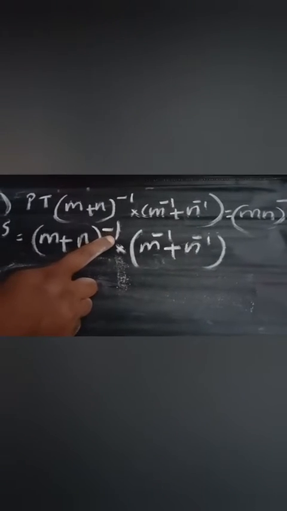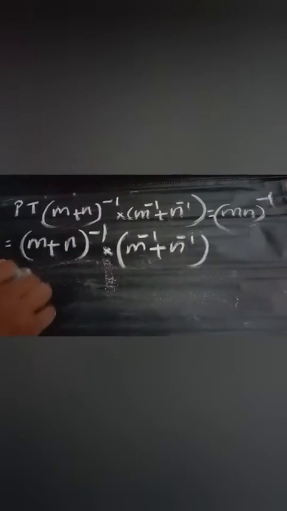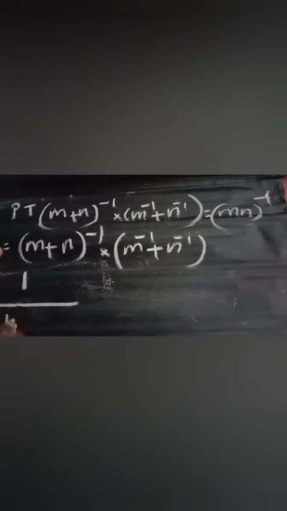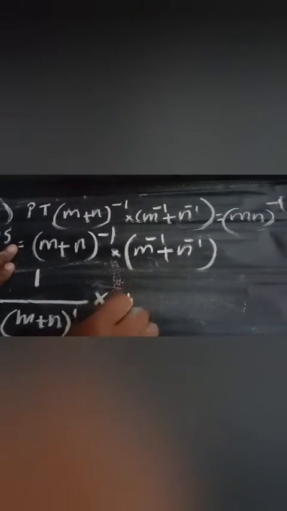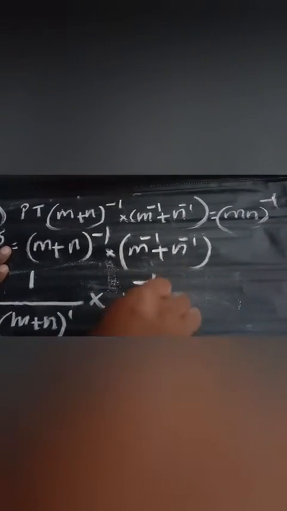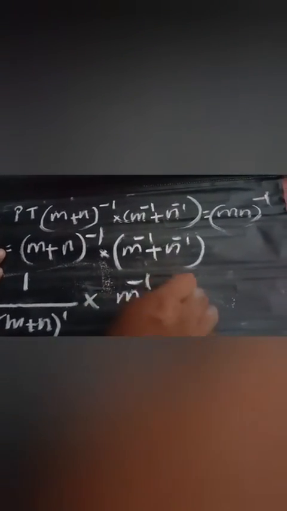How to make this negative power positive? It becomes 1 by (m plus n) the whole raised to 1 into (m raised to minus 1 plus n raised to minus 1).